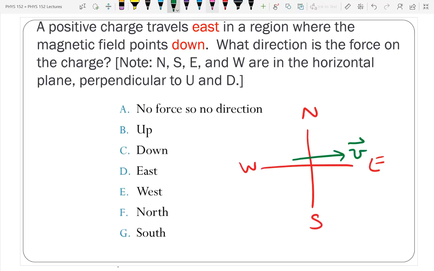So the magnetic field is pointing down. Those are all circles with X's in them.